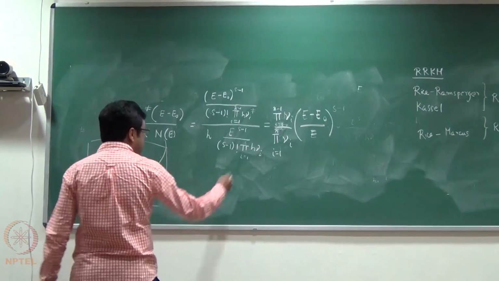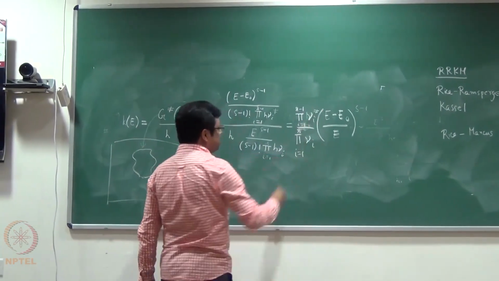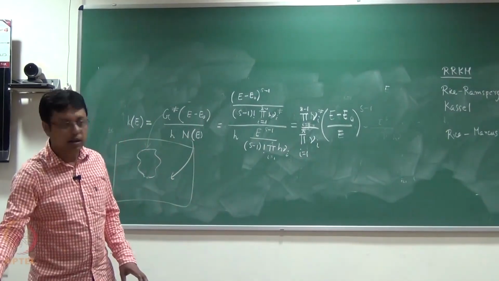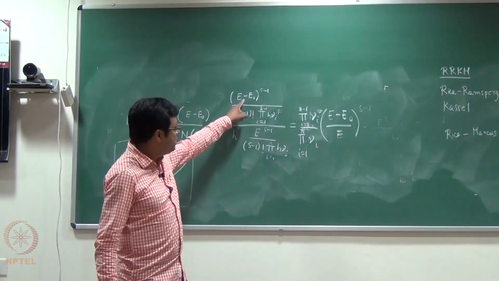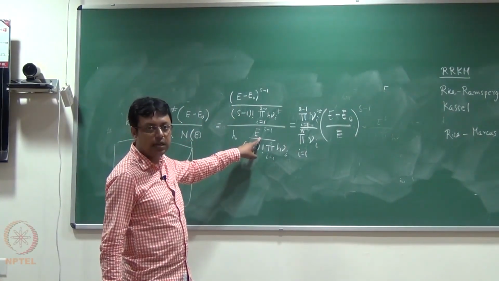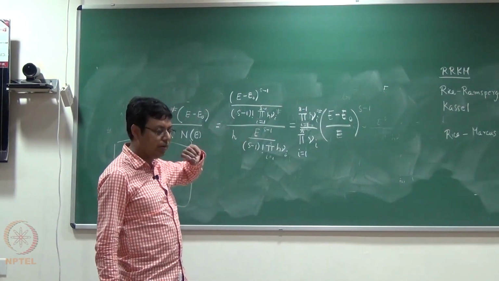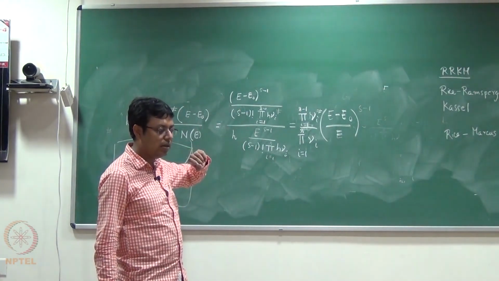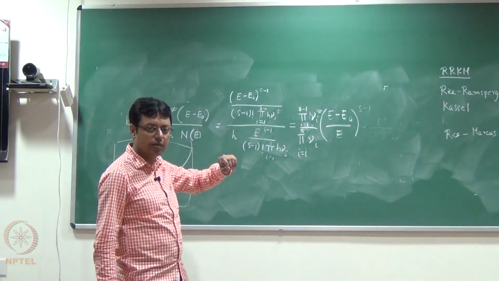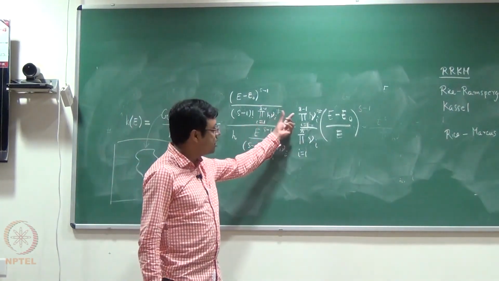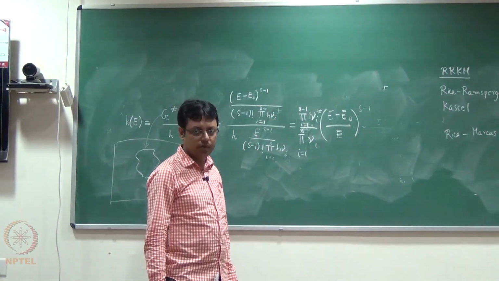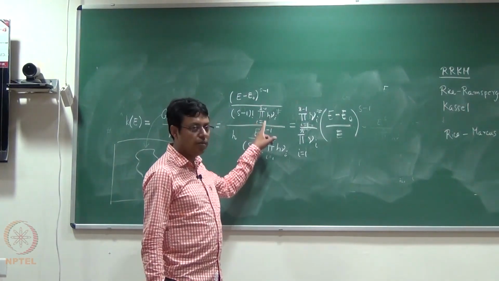What do you mean by this? Think about it. I just combined the E's. And then how does the pi come in? If you remember, when you write the harmonic oscillator partition functions, all these h nu's get multiplied, so that is the notation for pi.